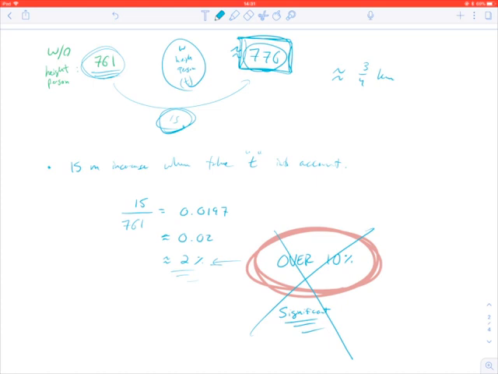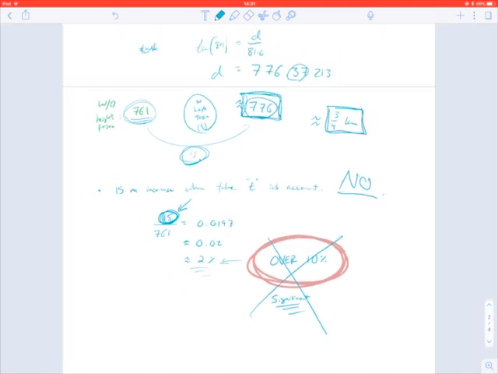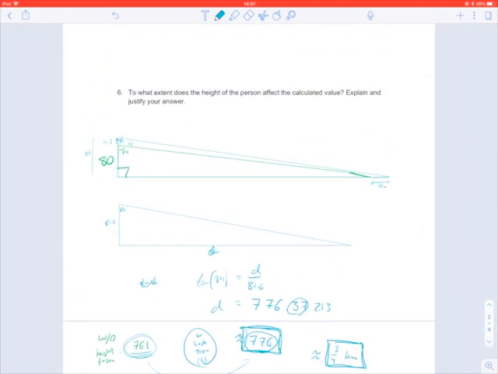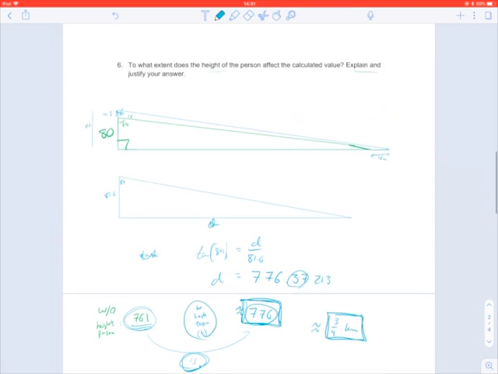If you've walked 3/4 of a kilometer, and you had to walk 15 more meters, that's like walking a couple of classrooms. If you've already walked most of a kilometer, does 15 meters more matter to you? No. Right? So it's not significant. So I think that the height of the person is not necessarily significant.